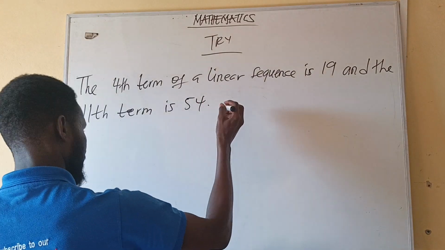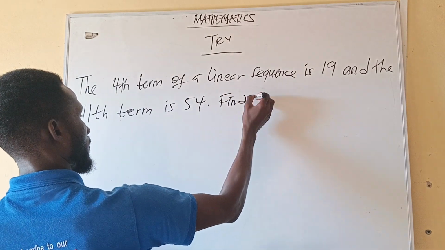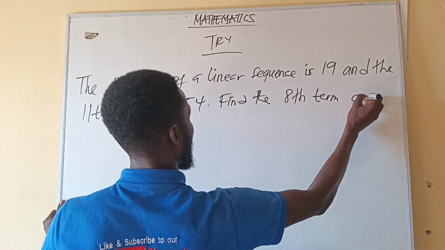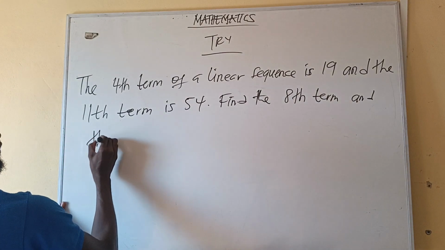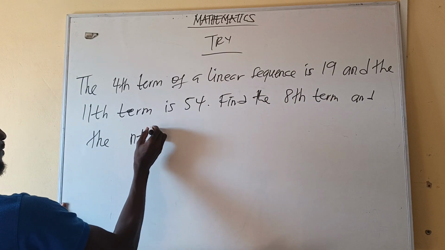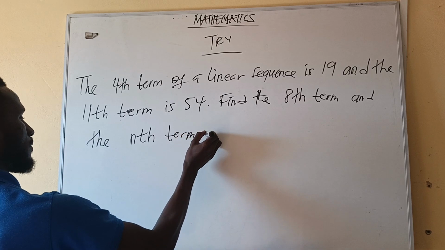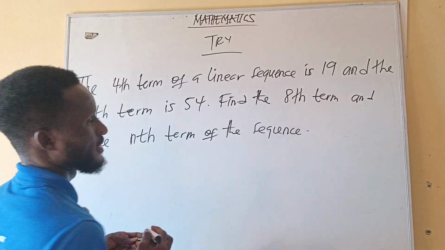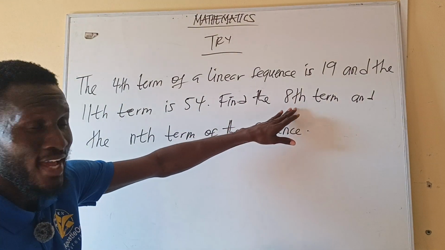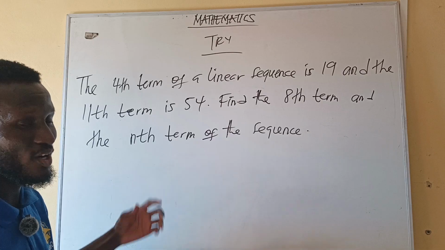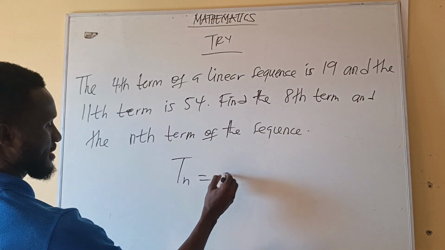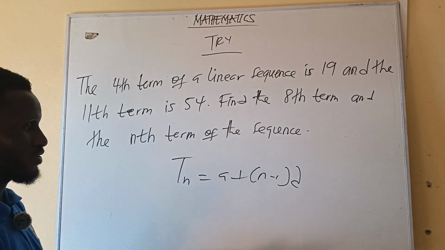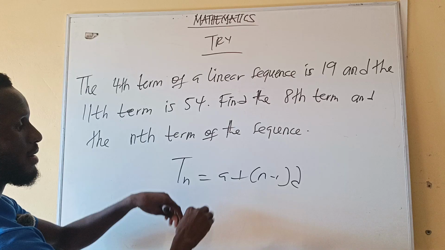Find the 8th term. This one is 2 in 1. First, solve for the 8th term, and then you solve for the nth term. The nth term is supposed to be in terms of n, right? So you just look for your a and d from this one, then substitute.